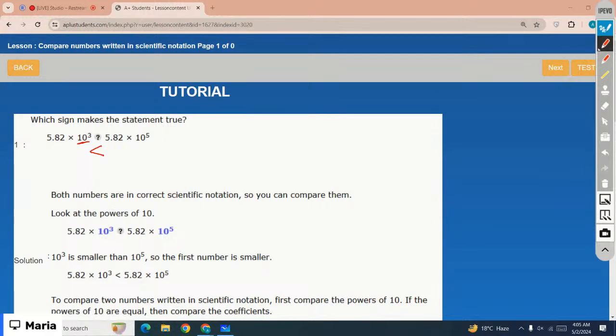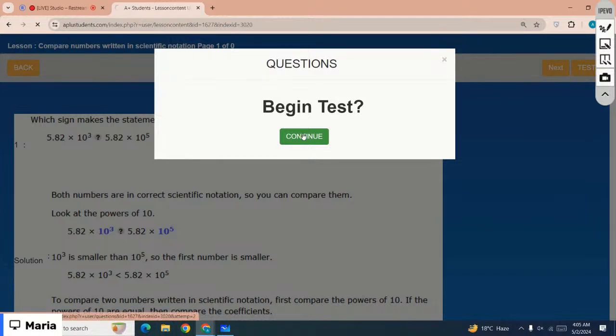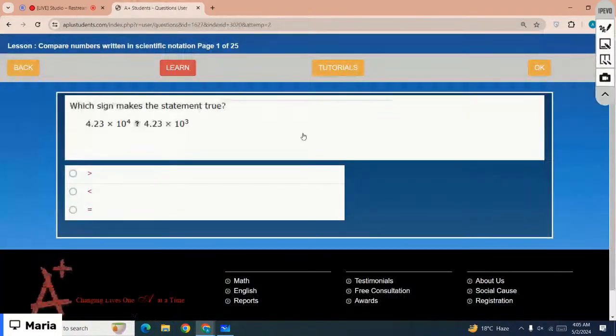Okay, let's start with the test questions. Which sign makes the statement true?